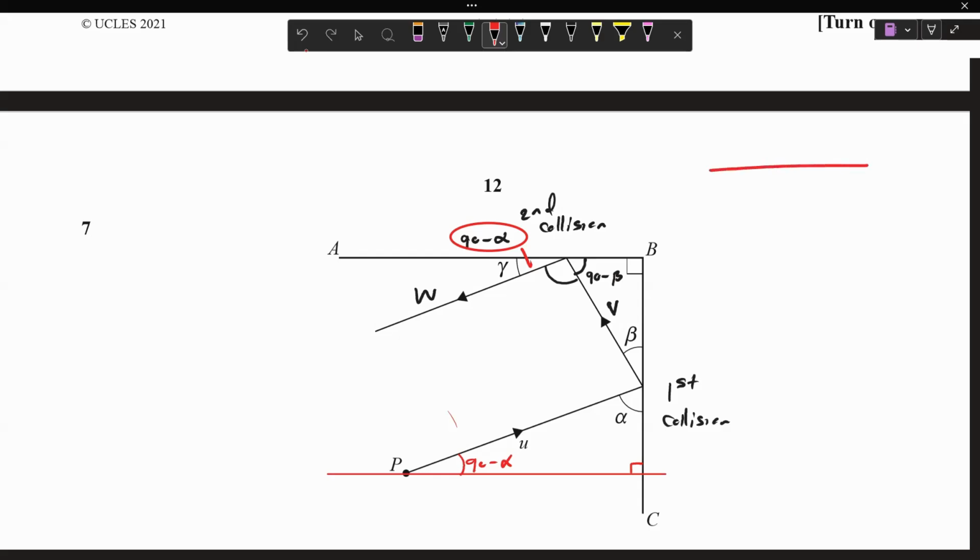It's like if you have two parallel lines and a transversal, the angle the first line makes with the transversal is equal to the angle it makes with the other, so if these angles are equal, the two lines are parallel. So we can deduce that the final direction is parallel to the initial direction. Parallel and opposite directions, though.